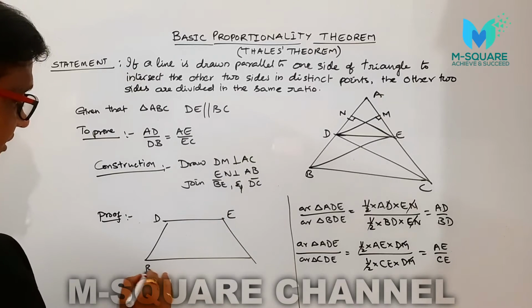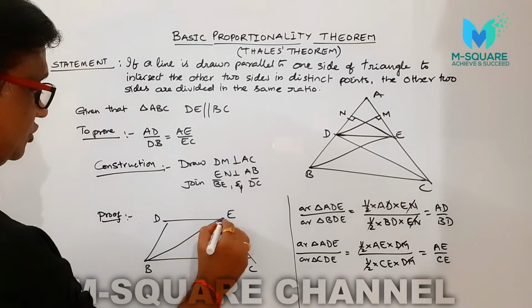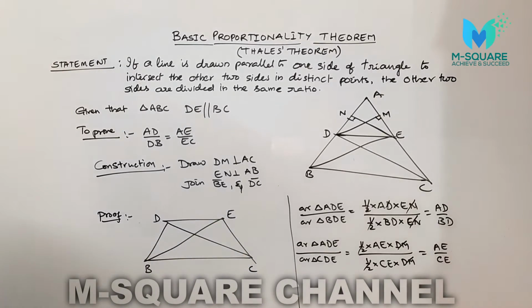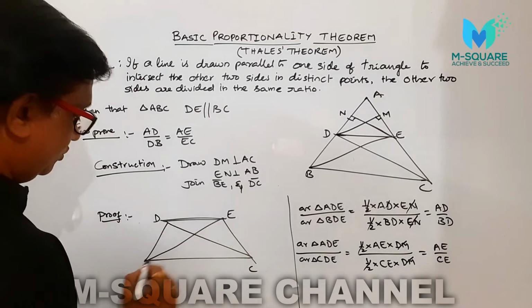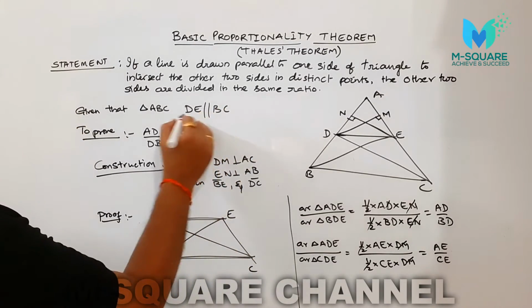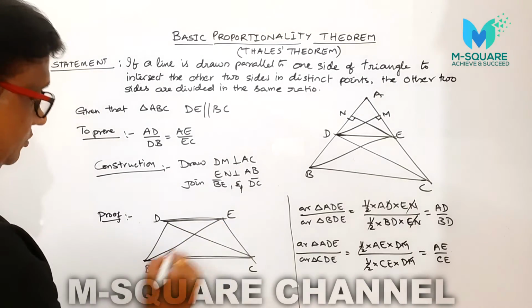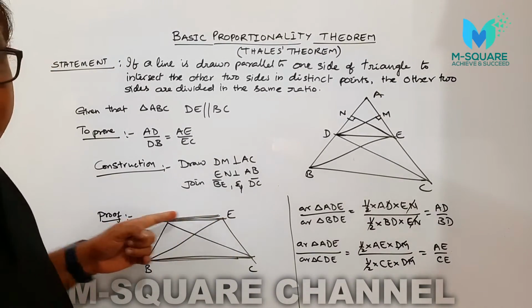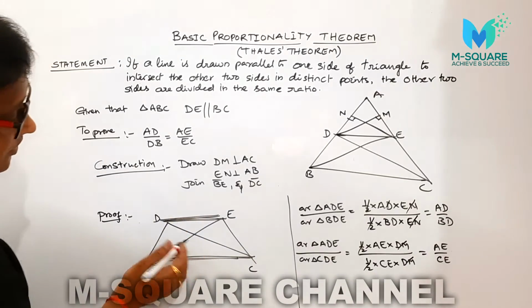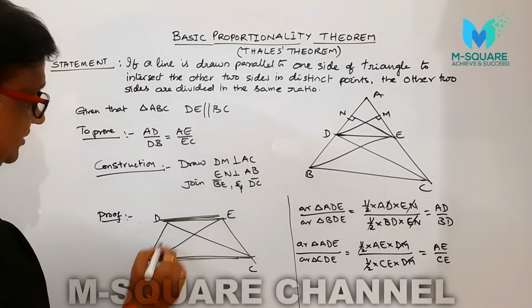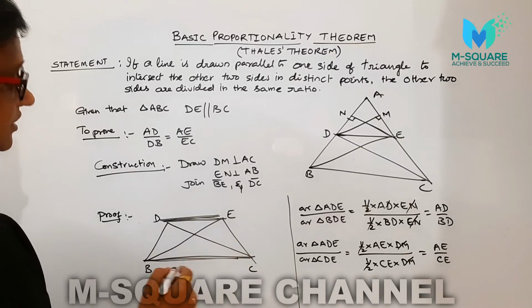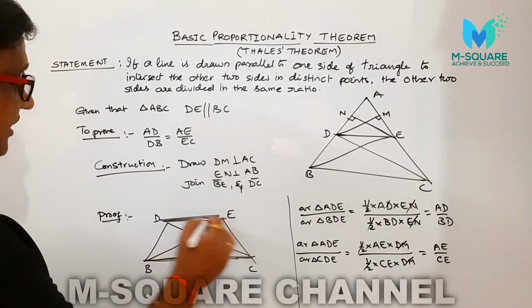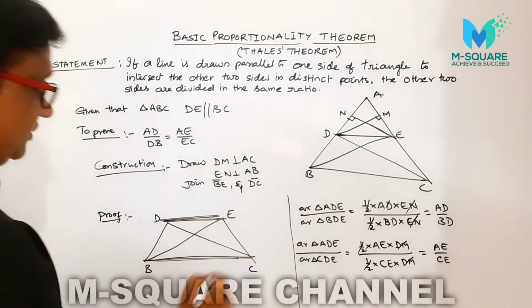DE and BC. So join B and C with D and E, between two parallel lines. Already we told that DE is parallel to BC, and same base DE. Same base DE means if you see this base is DE, same base and same heights, so that the area of BDE equals the area of CDE.